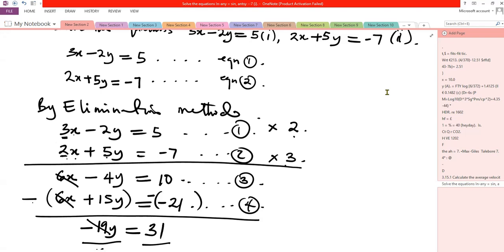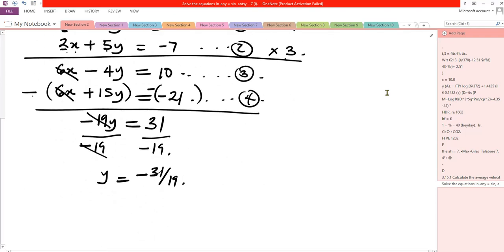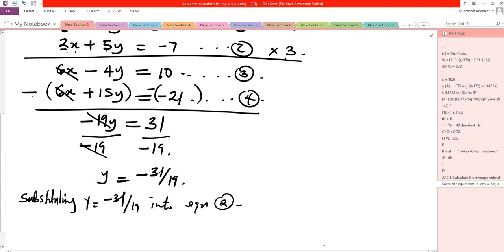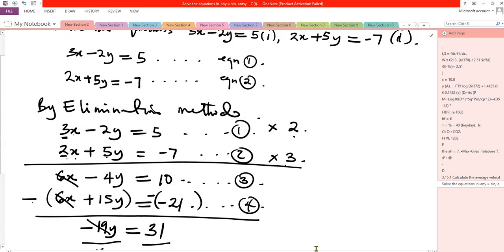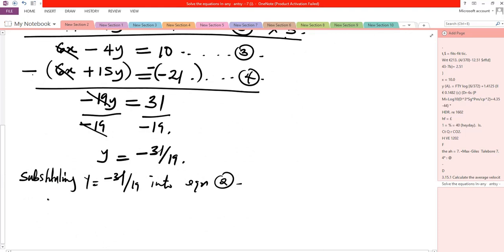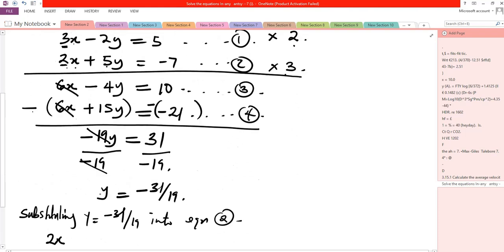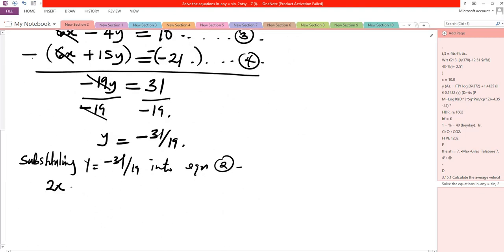For us to get our x, we will now substitute this value, y equal to minus 31 all over 19, into an equation.